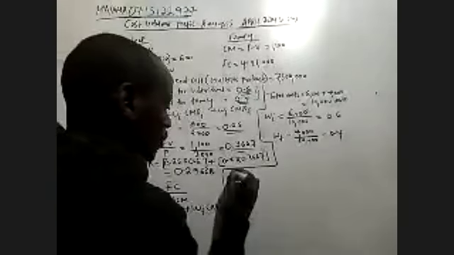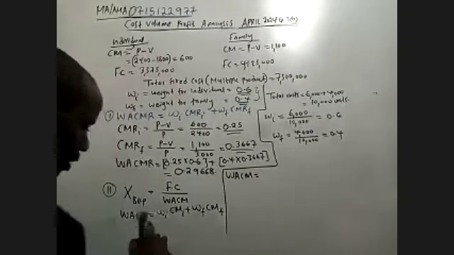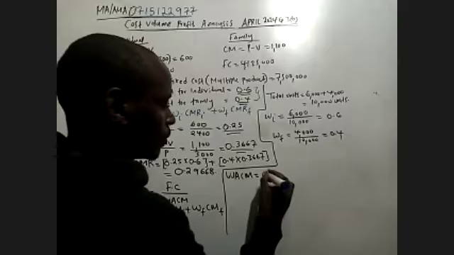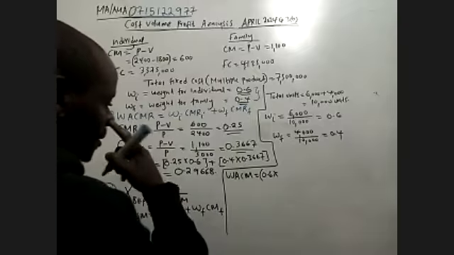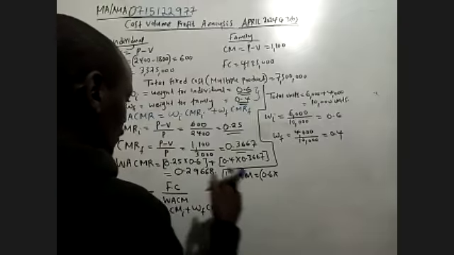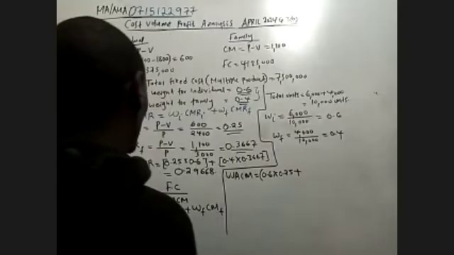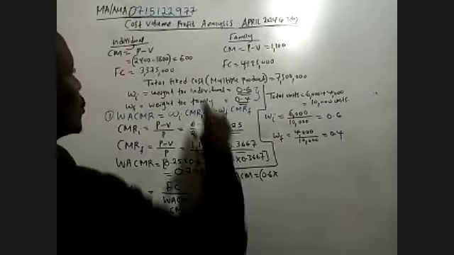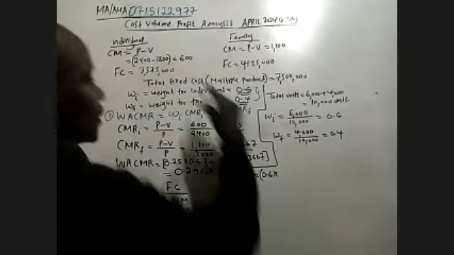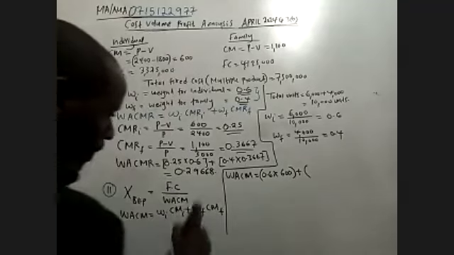So kumaanisha hapa, if you were to calculate WACM, itakuwa the weight ya hiyo ni 0.6 times contribution margin. Mlisema 600, sivyo? Contribution margin ndio hii hapa, 600. Haya.